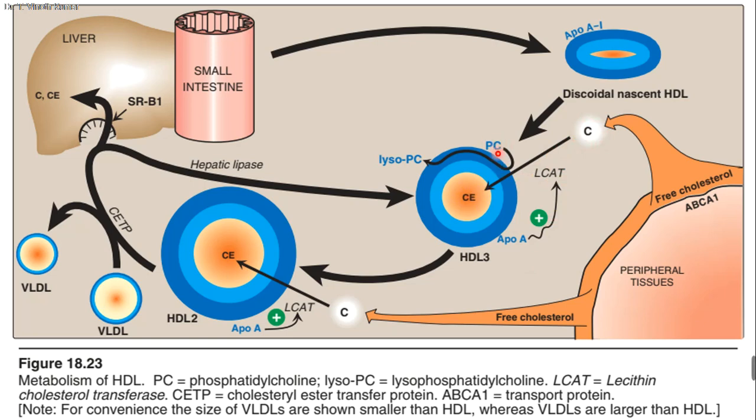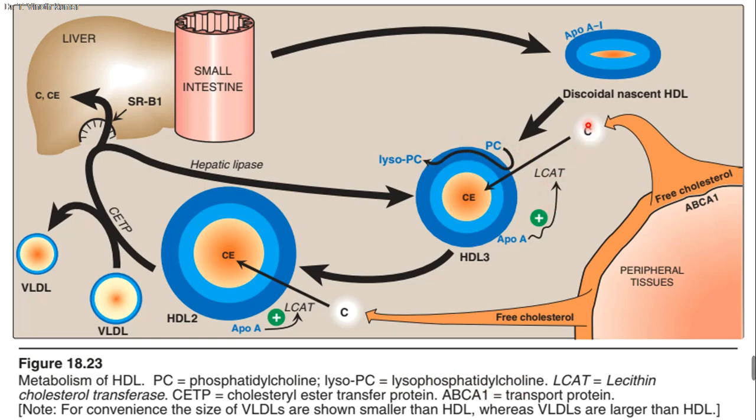The PC is also converted to lyso-PC by this reaction. PC is phosphatidylcholine and lyso-PC is lysophosphatidylcholine. We already studied phosphatidylcholine and lysophosphatidylcholine in phospholipid metabolism.